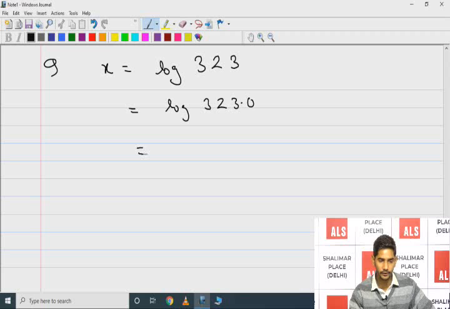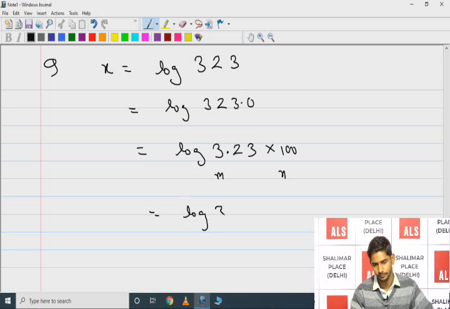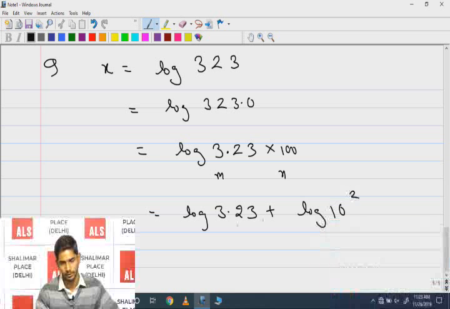When you shift the decimal from right side to left side, it can be written like this: 3.23 into 100. Now again use the property of log: log 3.23 plus log 10 to the power 2. Now tell me the value of 32 at 3.